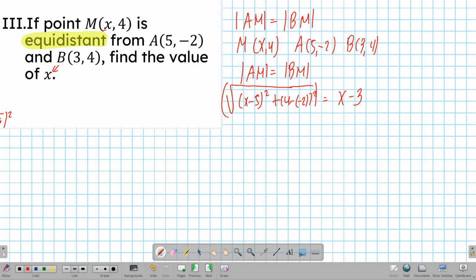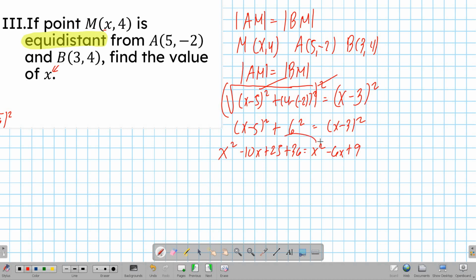So therefore, we square both sides para matanggal itong radical sign. Therefore, we're going to have x minus 5 squared plus 4 minus 2, that is 6 squared, is equal to x minus 3 squared. Expanding, we're going to have x squared minus 10x plus 25 plus 36 is equal to x squared minus 6x plus 9.